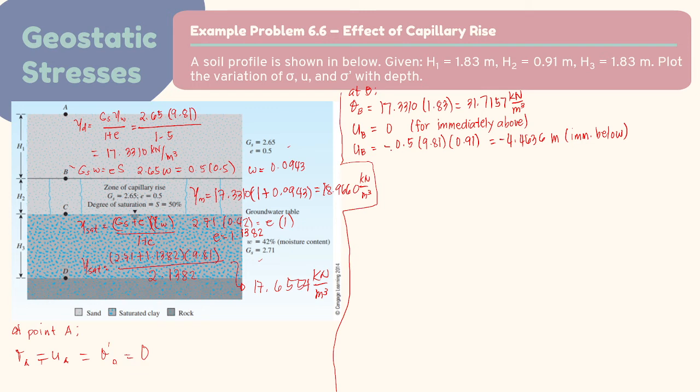Therefore, we'll have two effective stresses. So sigma B prime for immediately above is equal to 31.7157 kilonewton per square meter, not cubic meter, because these are stresses. So this is above.